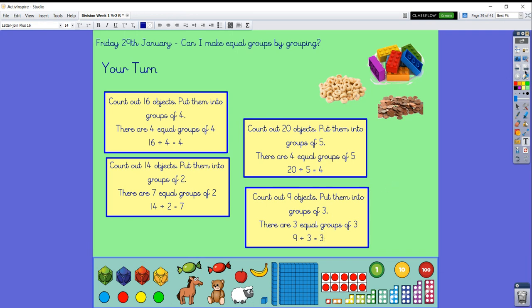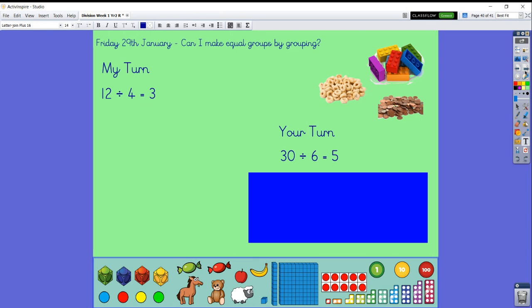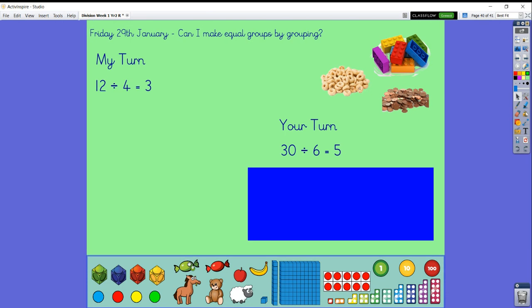Okay, so again, we're just practicing that grouping method today. And so I was thinking, how can I show 12 into groups of 4 to give me 3? So I'm just going to grab 4 green sweets. There's my one group that I've grabbed. I'm going to grab another 4 green sweets over here. I've got another group over here.